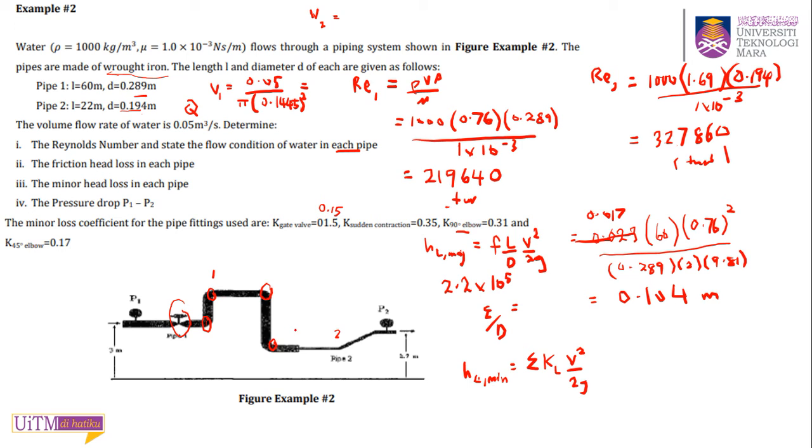So the summation of KL for pipe 1 is 0.15 plus 4 times 0.31. Then you find this, times the velocity squared over 2G.